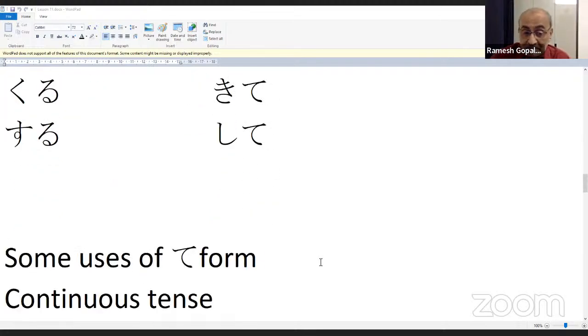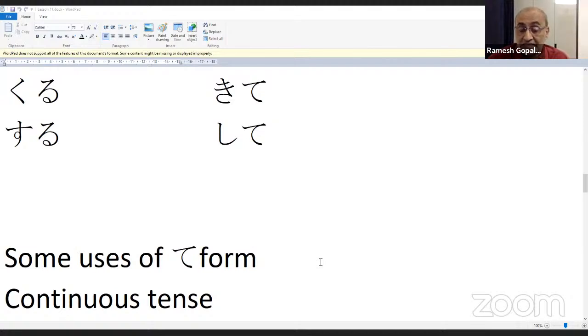Now, uses of the te form. I told you, one is continuous tense. That is, it can be the past continuous and non-past continuous. So you use the te form.